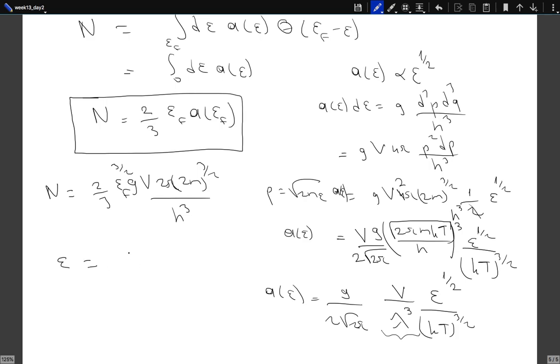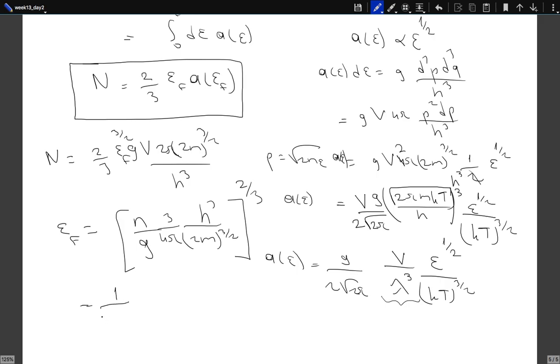So epsilon is the density times 3 over 4 pi times h cubed over 2m to the power 3/2 over g, this g, to the power 2/3. This is the Fermi energy.